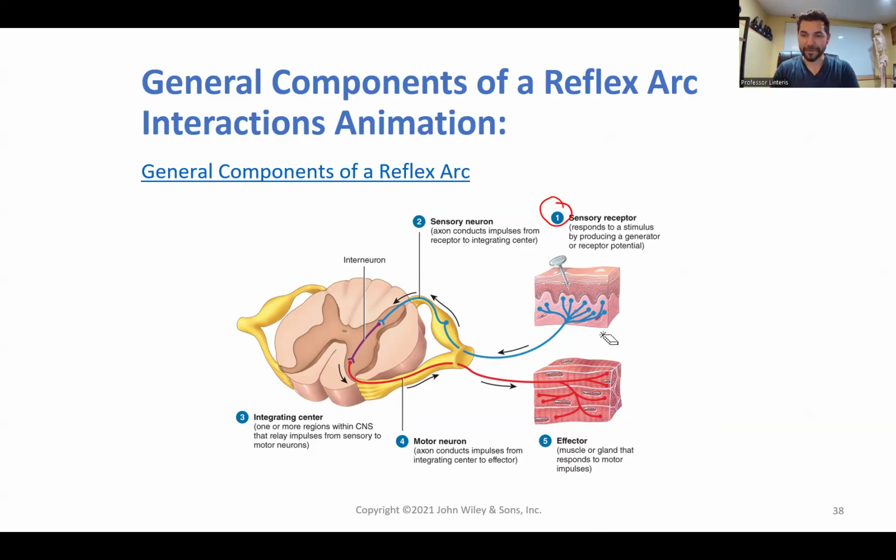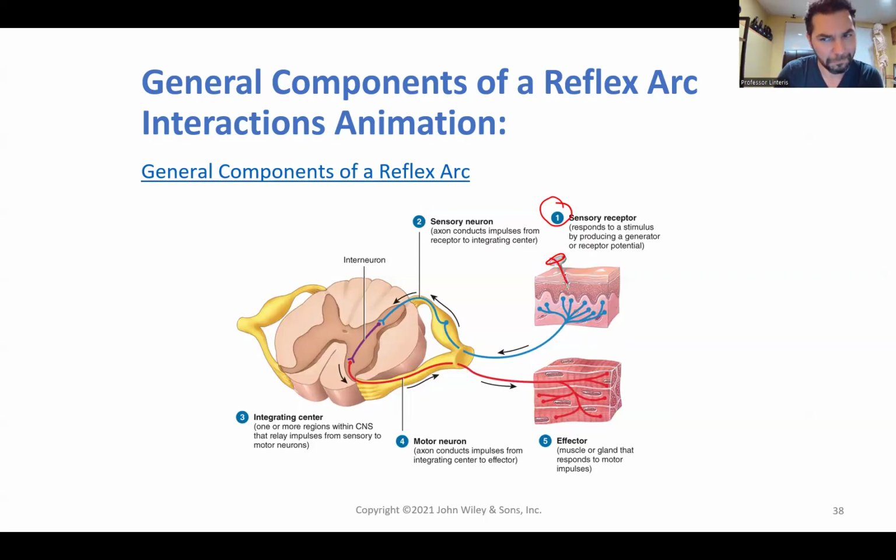The sensory receptors will detect a stimulus. They might detect pain. They might detect temperature. They might detect stretch. They might detect, you name it. But the key thing is that they're there. They detect it in this situation, right?